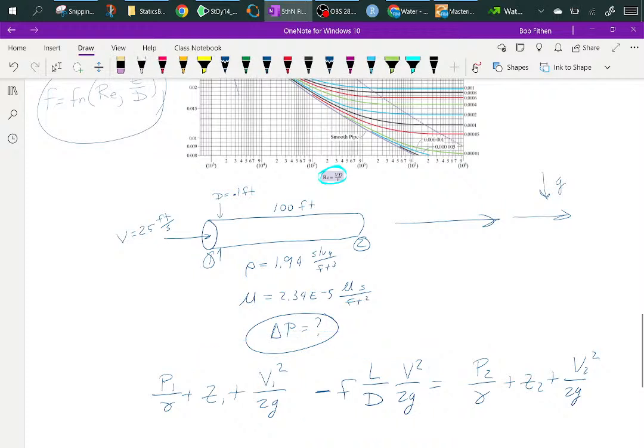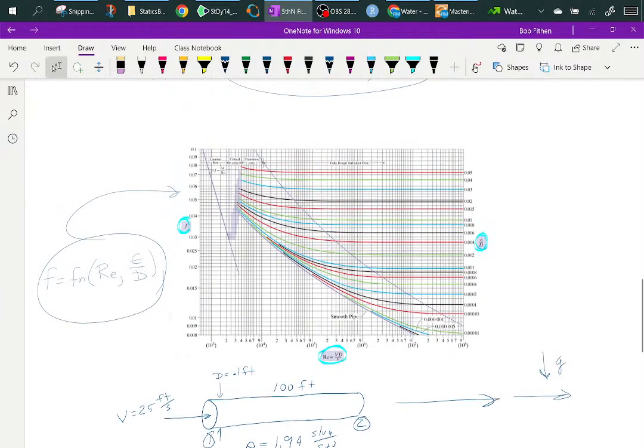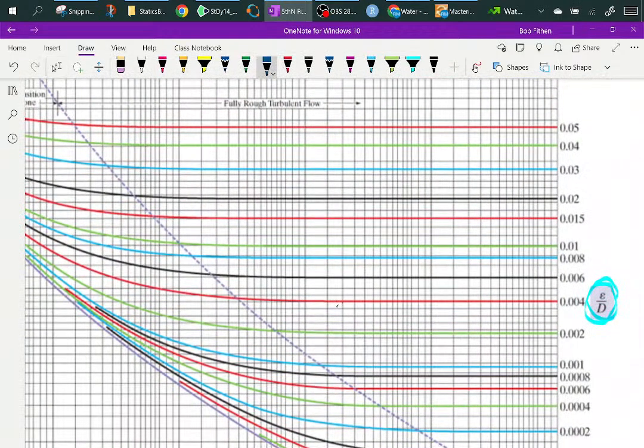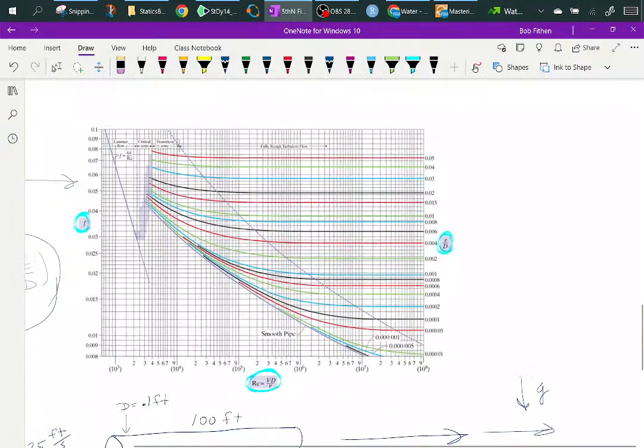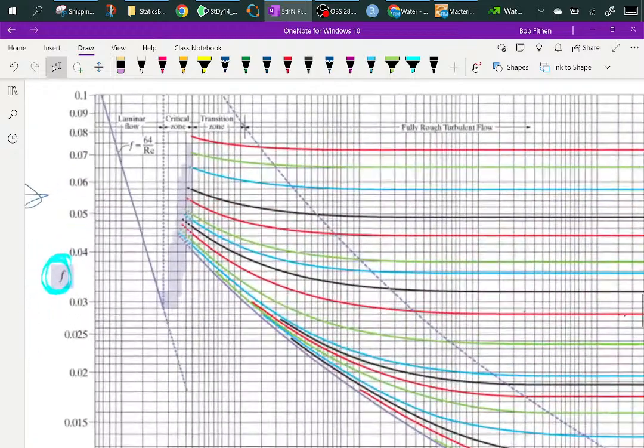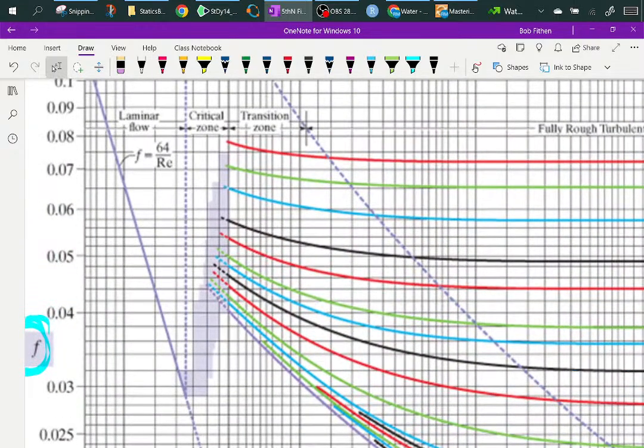So in order to calculate the pressure loss, you have to include results or information from this Moody diagram. This Moody diagram has some beautiful curves on it, but in fact, there was a bunch of data points that they fit over and over and over, and that's the reason this is a curve that has been fitted with lots of data. And there's a region right here which is called critical.